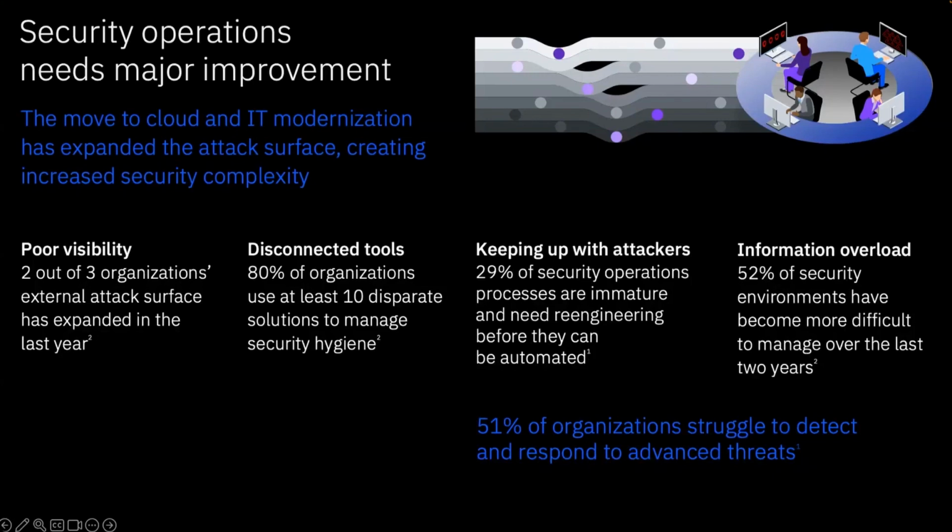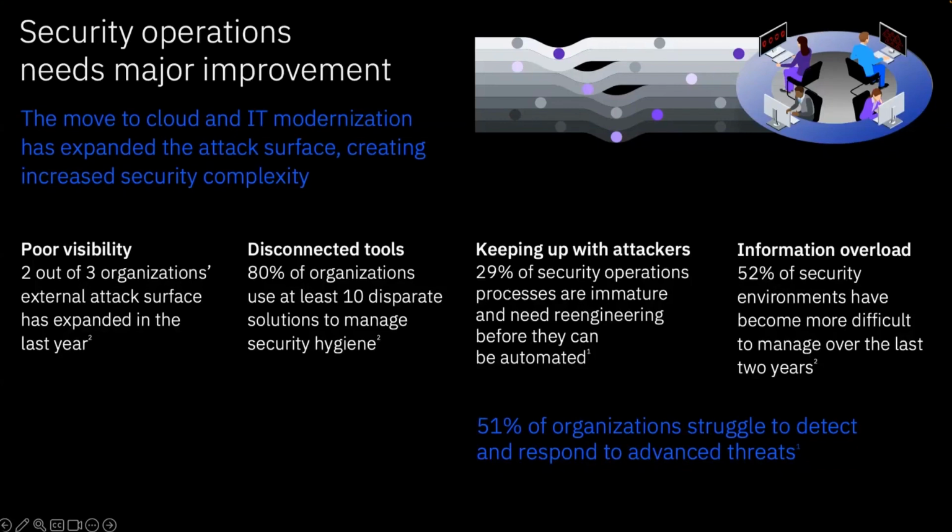Now, if you see, security leaders are overwhelmed by a barrage of cybersecurity technologies, the shortage of skills, and a need to respond more quickly to advanced threats across an ever-expanding attack surface. Now, what is attack surface?